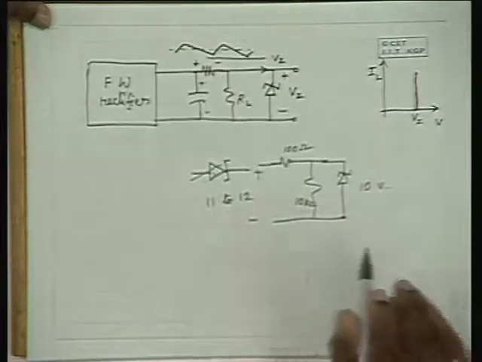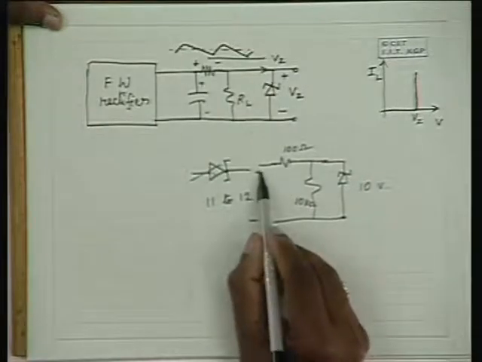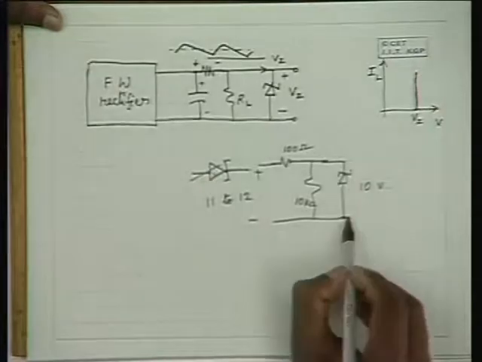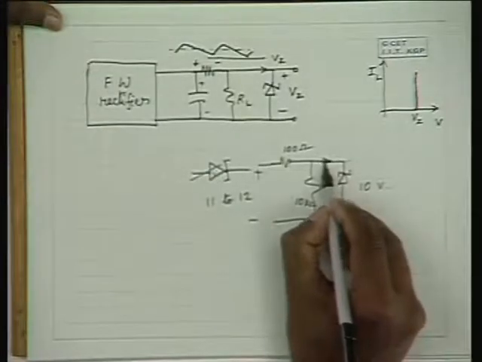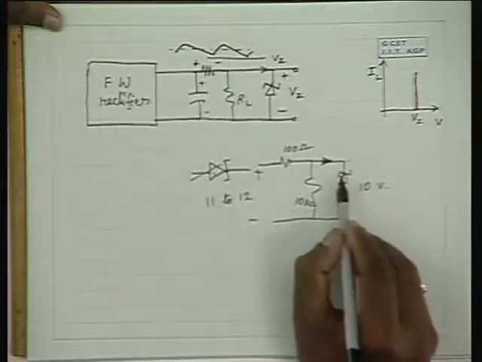For the time being, let me take a high load resistance. So when this is 12 volts, this Zener allows any amount of current when the voltage is 10 itself.